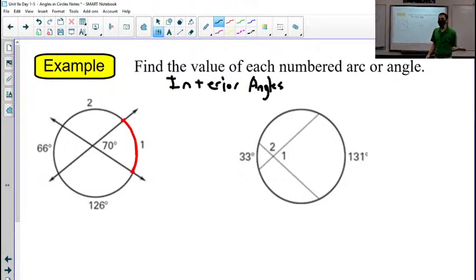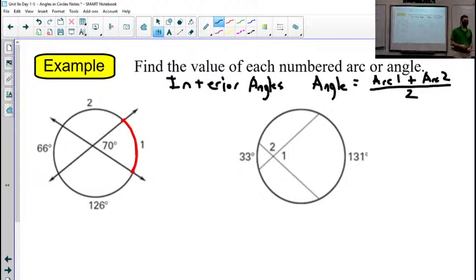So the formula that we're going to use here is that the angle is, add the arcs, divide by 2. That's the formula we're going to use.